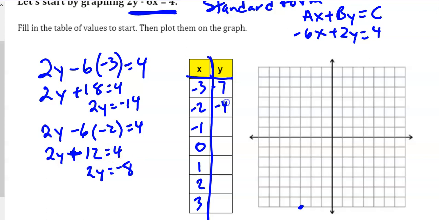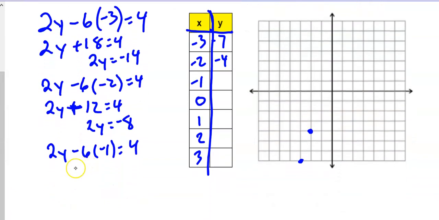So that'll be negative 4, and I'll go ahead and plot that. Negative 1. So this is going to be 2y plus 6 equals 4. Subtract over. So then that will give me also negative 1.